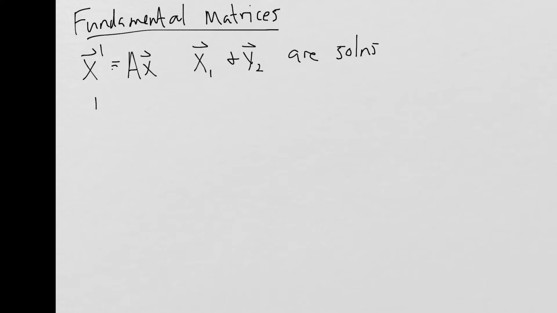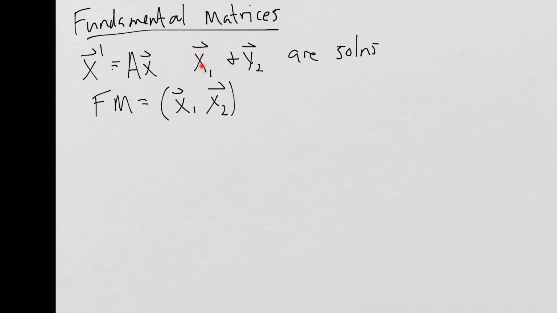Then my FM, my fundamental matrix, is an augmented matrix, like what you do when we do REF. It is x1 as a column in one matrix, and x2 as a column within that matrix as well. So this has two columns.